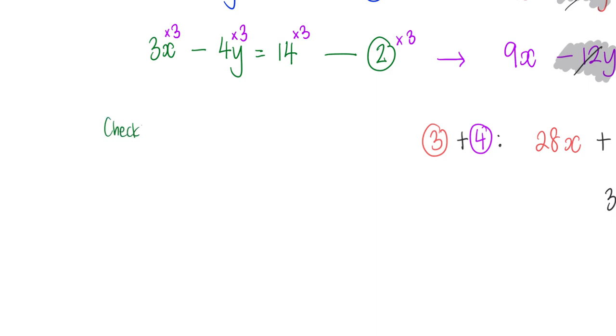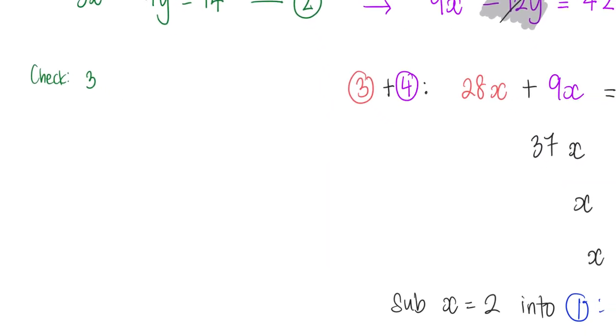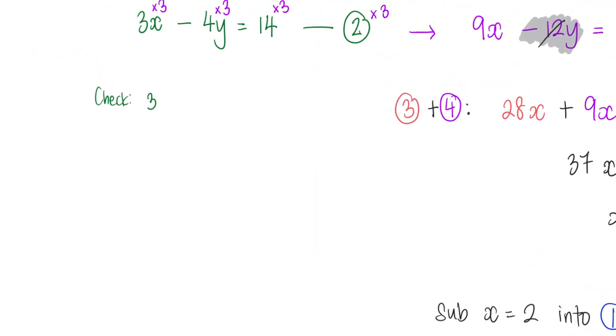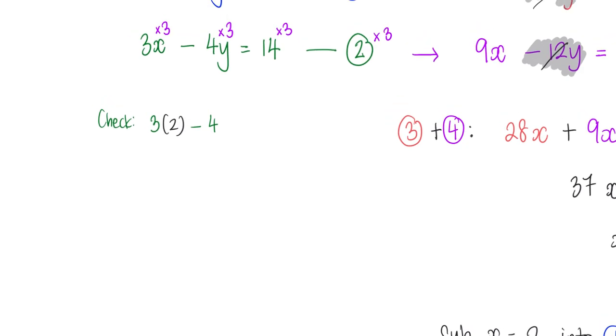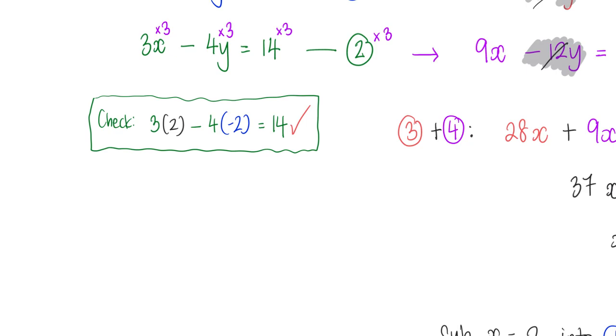So the quick check, this is a rough working. 3 times x. And what is my x? 2. Minus 4 times y. And my y is negative 2. And does this give me 14? Yes, it does. And so, our little check proves that our answer is correct.